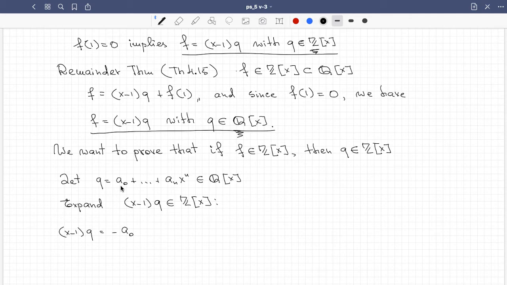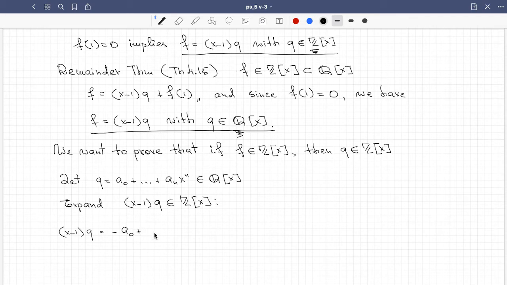The coefficient of x is going to be, what is going to be the coefficient of x? Negative a1 x plus a naught x.